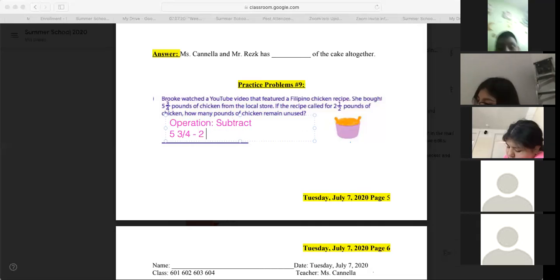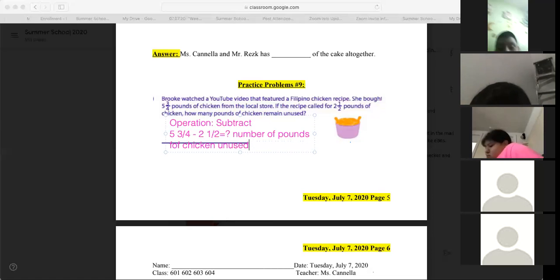And this amount is going to represent the number of pounds of chicken unused. We're not done yet. We're just writing some work down. So when we subtract and find the answer, it's going to tell you how many pounds of chicken were not used.